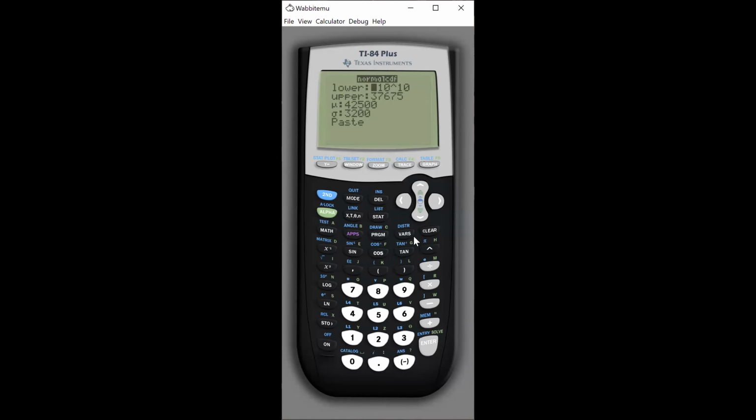For my lower, we'll put 2.92. For my upper, we'll put 3.17. For my mu, we'll put 3. For sigma, we'll put 0.15. All right, so we'll go ahead and paste.